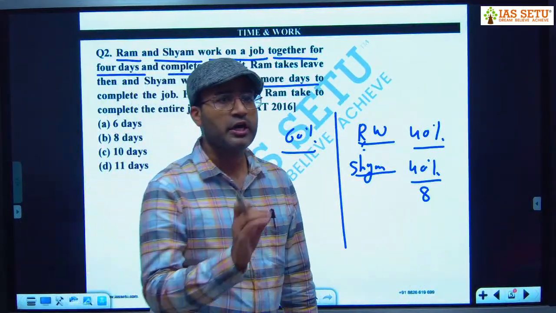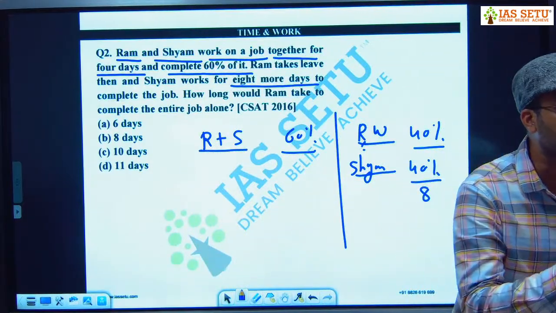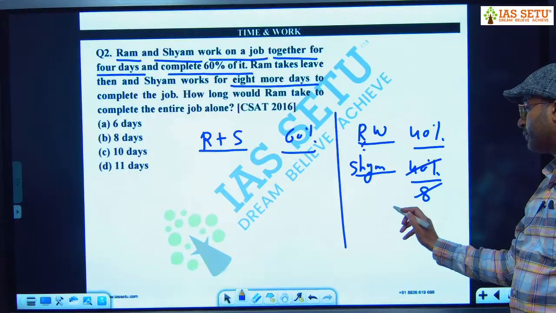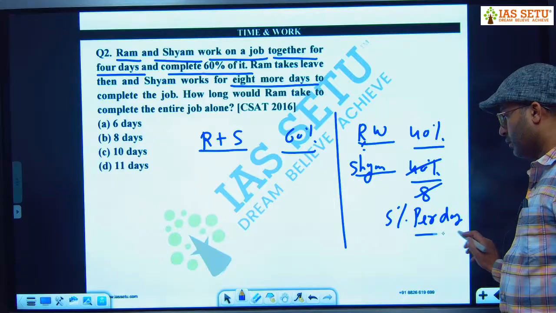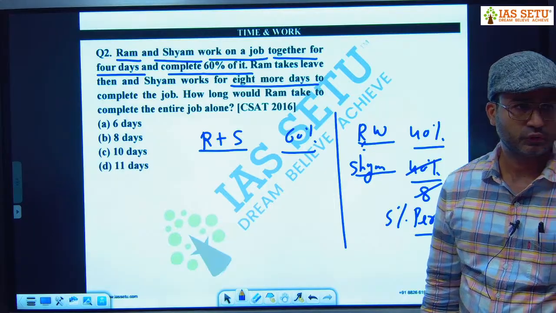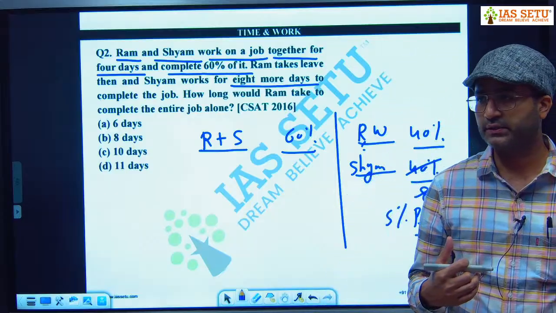So what is the capacity of Sham? 5% per day. क्योंकि Sham alone is doing the remaining 40% work in 8 days.